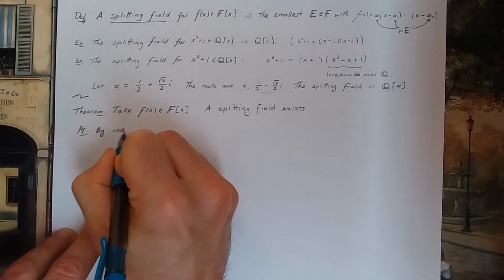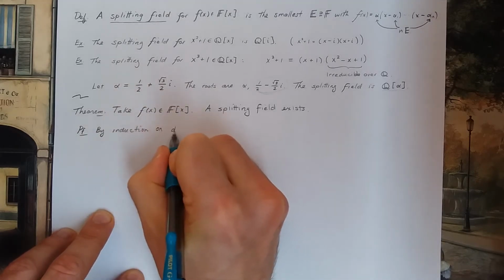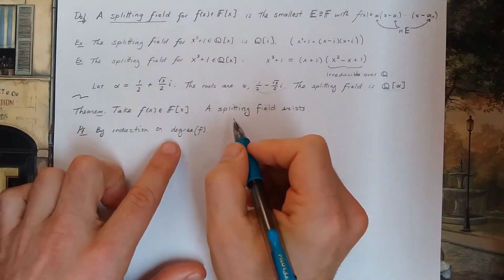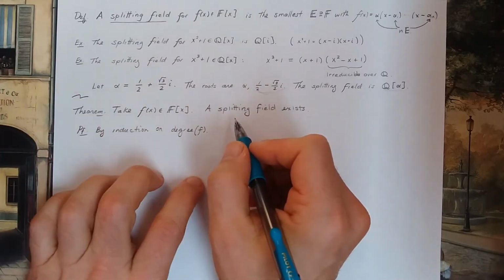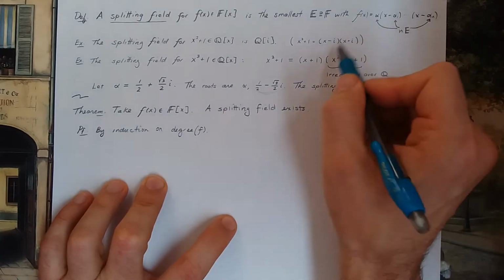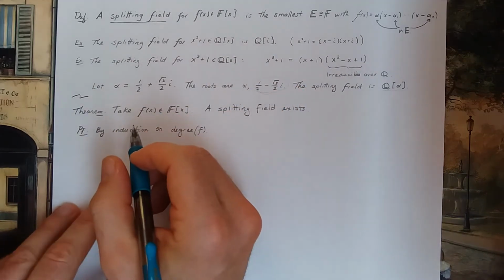If the degree of f is 1, then it's already a product of linear terms, and I'm done. So the base case is taken care of almost trivially.